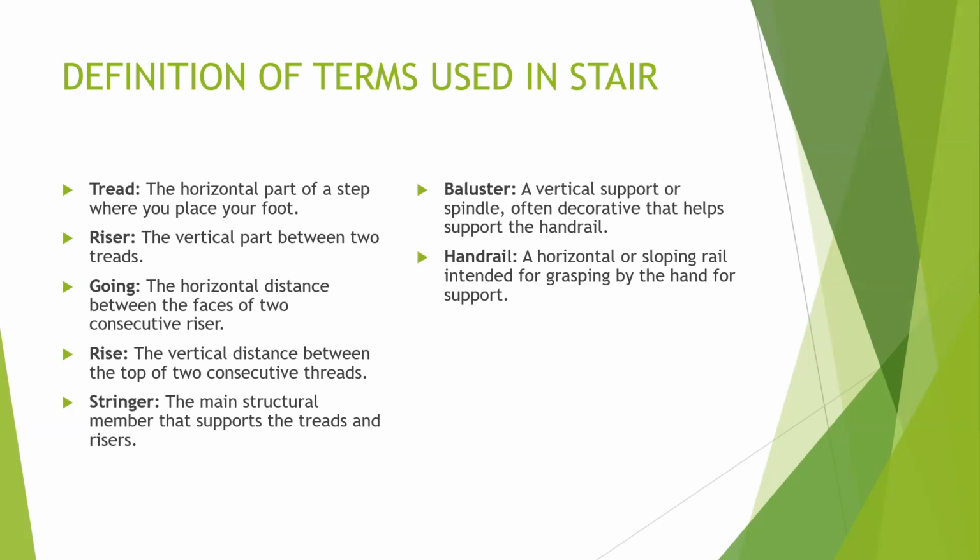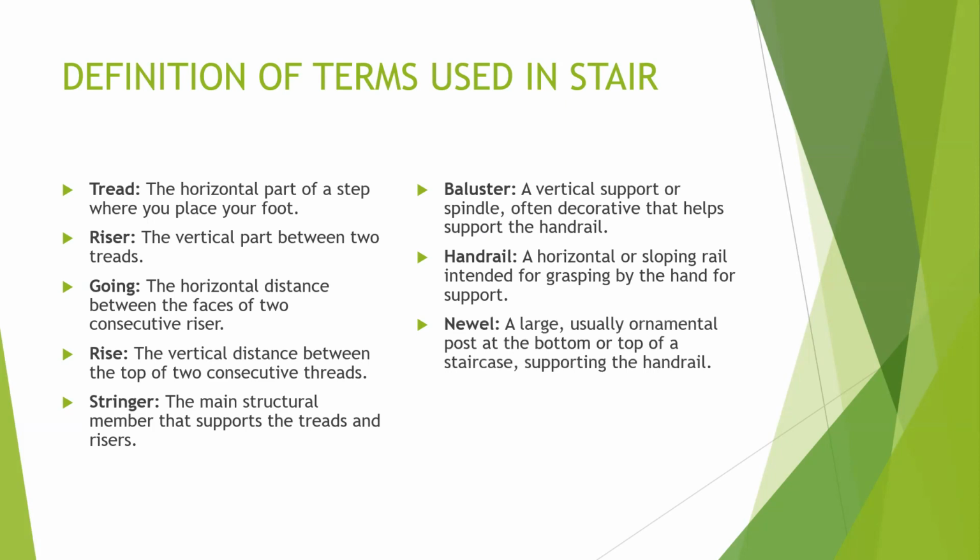When you are climbing a stair, that part where you place your hand, that horizontal or sloping rail that you grasp by your hand for support, is what is called the handrail, okay? So there is something called newel.